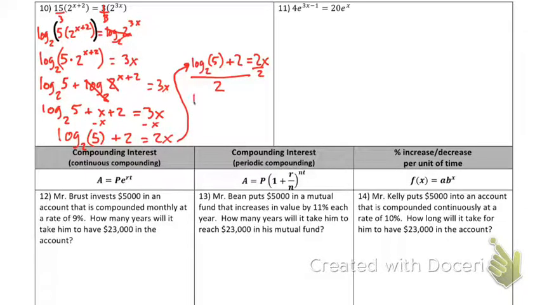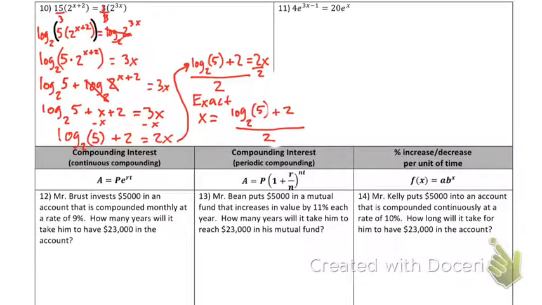So my exact answer is x equals log base 2 of 5 plus 2, I said 2 and I put 5, plus 2, all divided by 2.